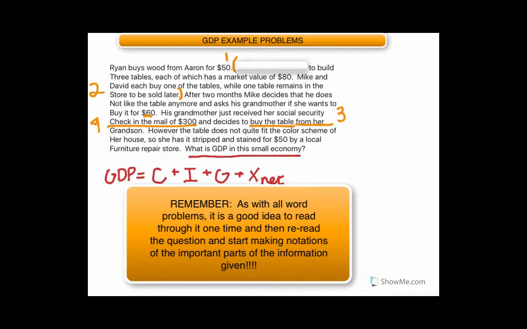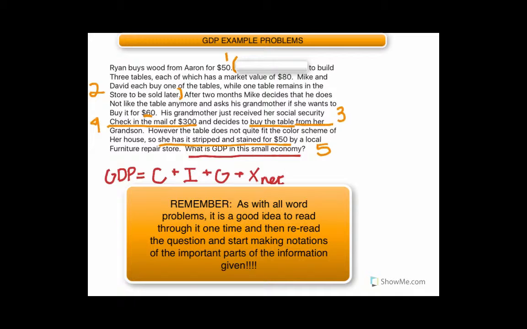Moving on, however, the table does not quite fit the color scheme of her house, so she has it stripped and stained for $50 by a local furniture store. So this last transaction of the problem, she has it stripped and stained for $50, I'm going to label scenario 5.